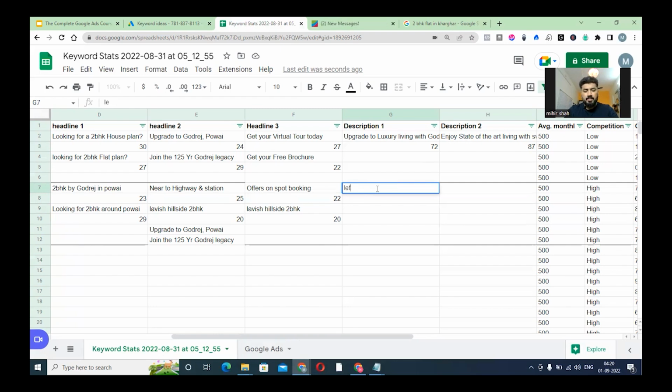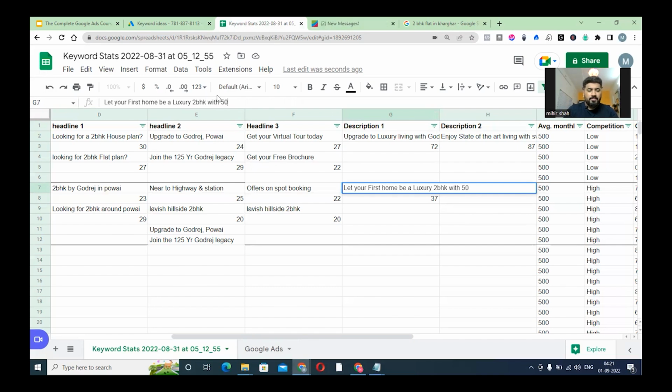Let your first home be a luxury 2 BHK. And let's see how many words we are left with the count. 37 only.